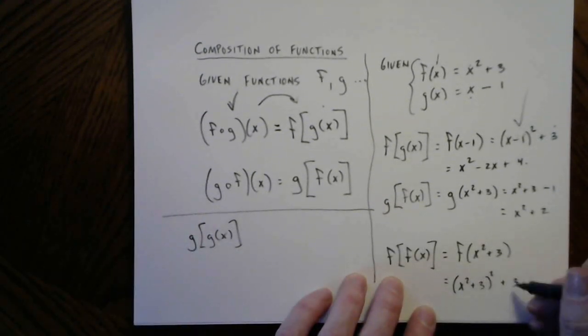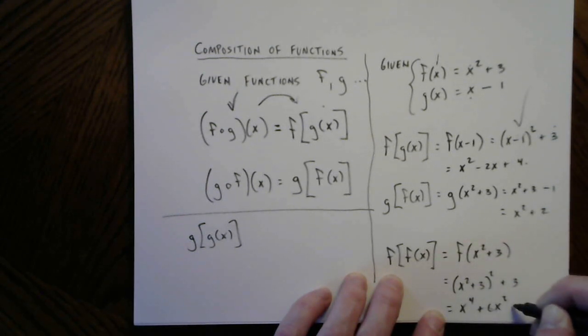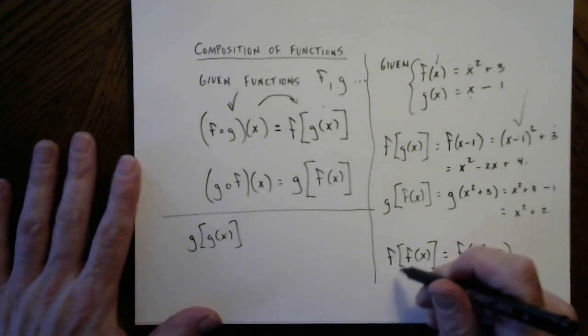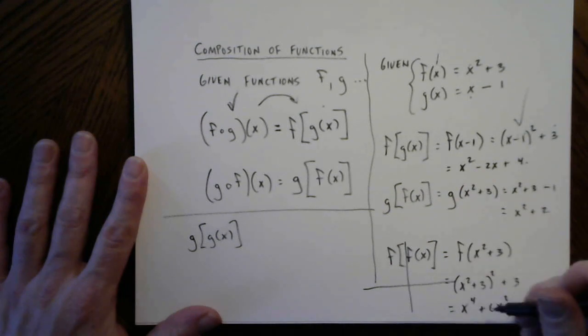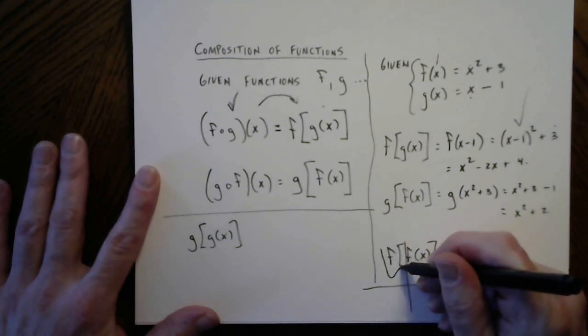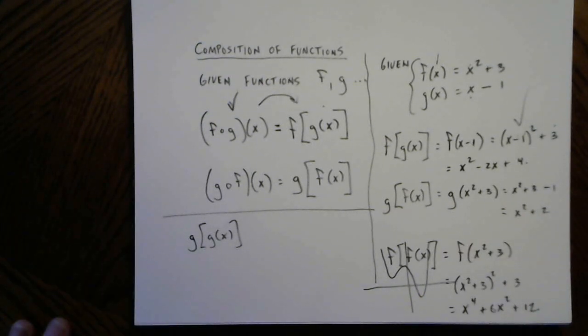If I FOIL this out, and I'll add 3 at the end, this is x to the 4 plus 6x squared plus 12. So that's a 4th degree polynomial. And when you have these factors, it probably looks sort of like a W, you get this kind of effect. But that's not really the point.